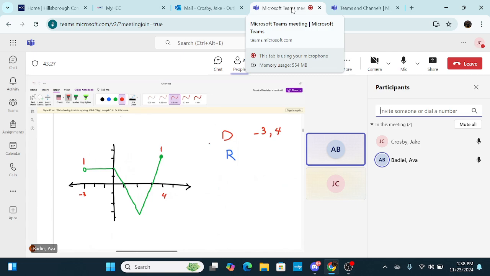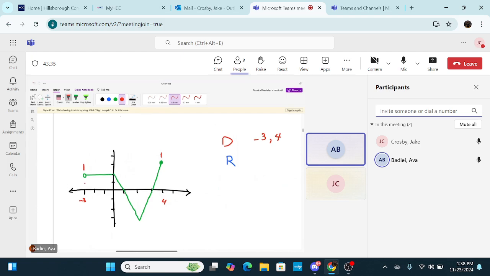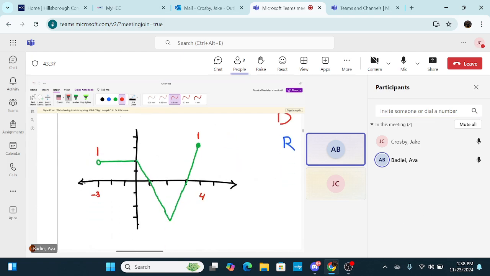Now, brackets and parentheses are also important. So write down the numbers from -3 to 4. Here is the important part. When it's not a solid point, when it is a hollow one, this point is not really on your graph.